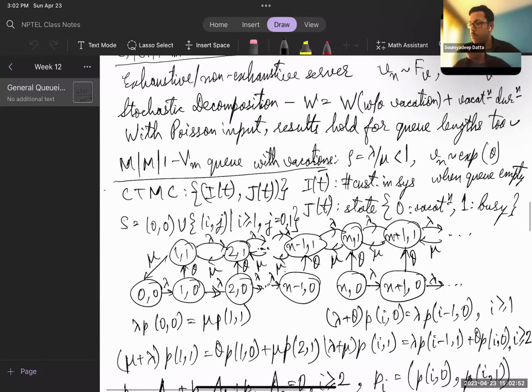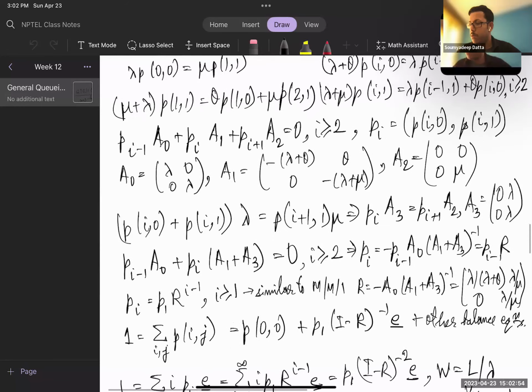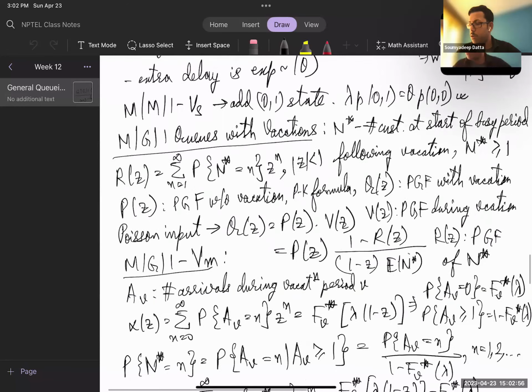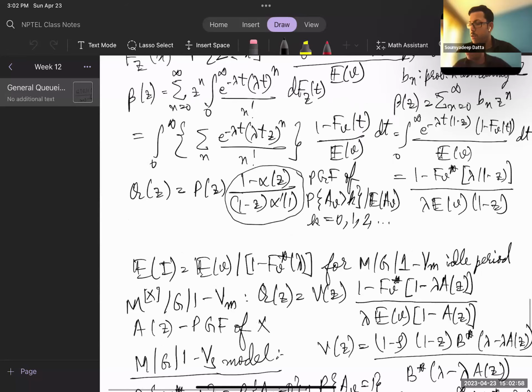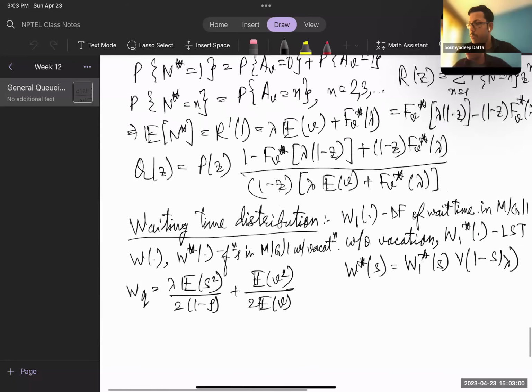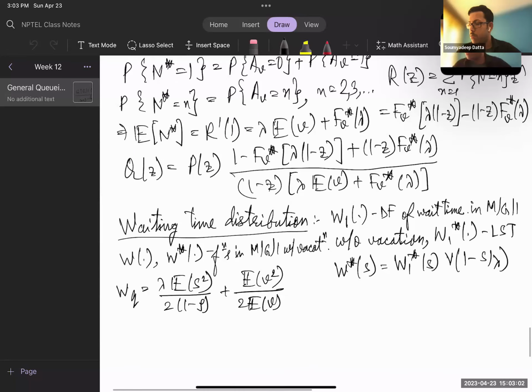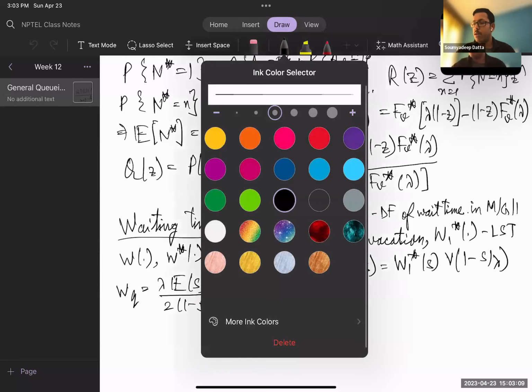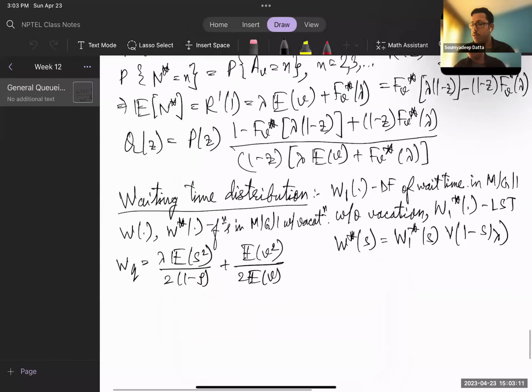So hopefully this will help. I plan to solve some problems related to GG1 queues and their distributions. So before jumping to the problems, do you have any particular questions from theory that you would like me to clarify? No, sir.